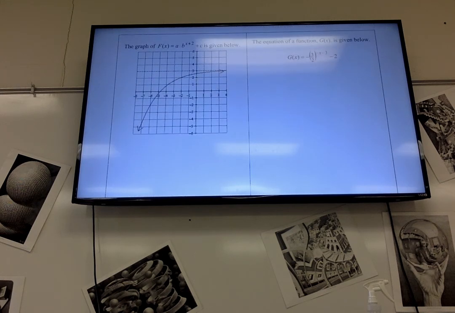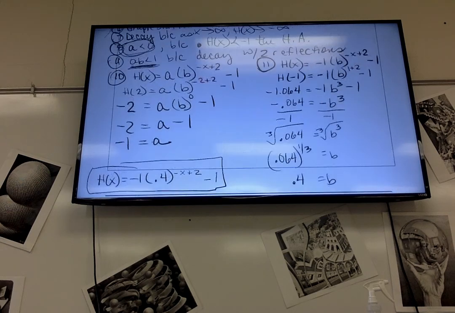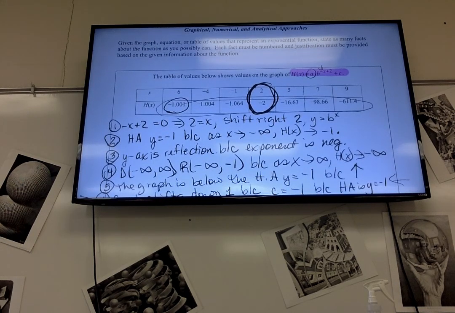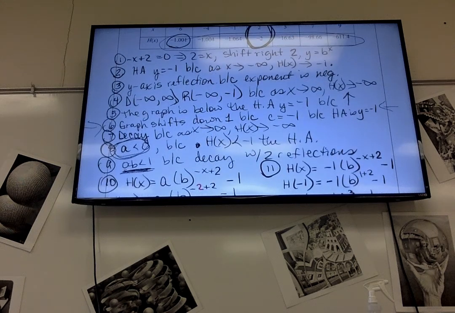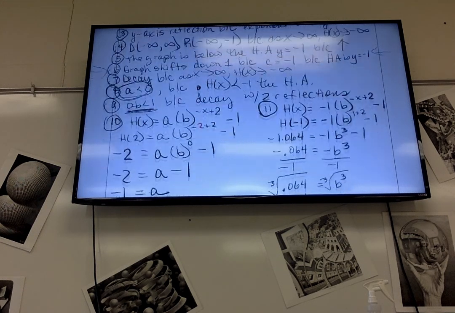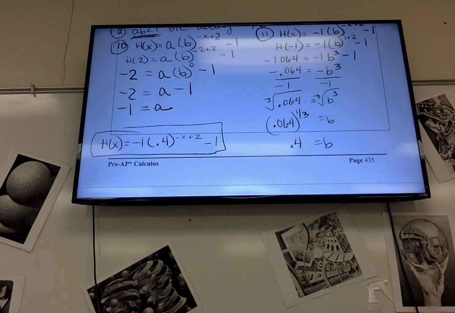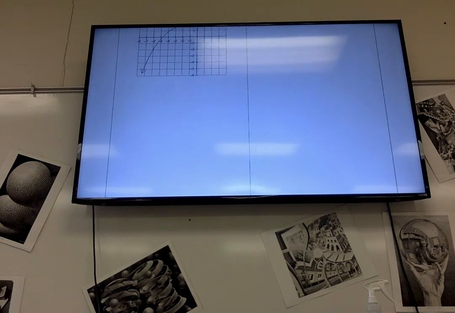Okay, next is the graph of f of x. This one is an actual graph. So we know that if we're given a table, there's a bunch of things we can figure out from the table, including sometimes, if you're given enough information, you can figure out the equation.